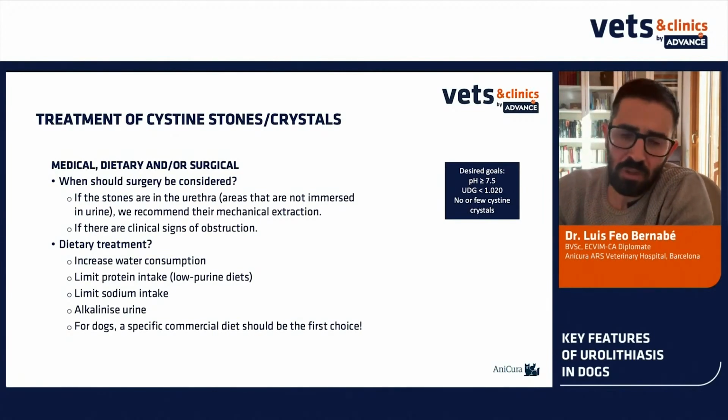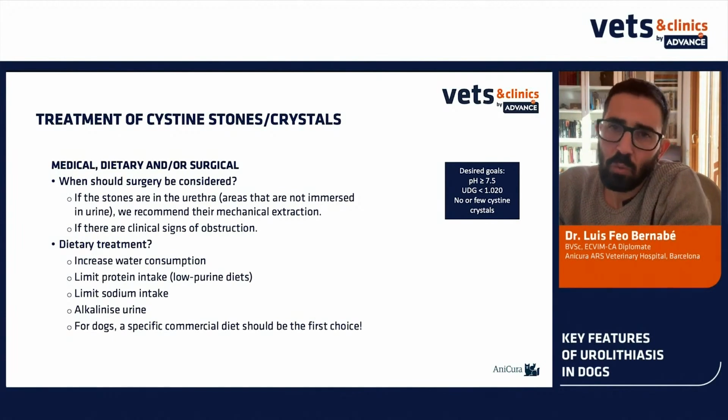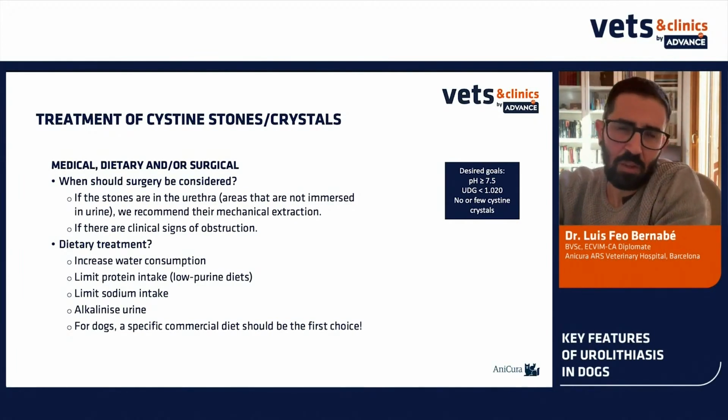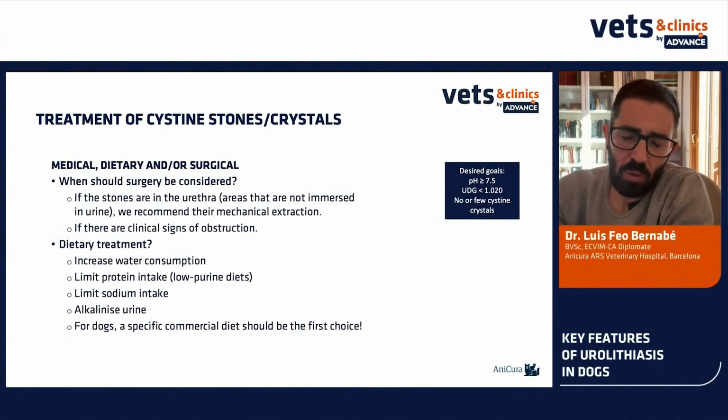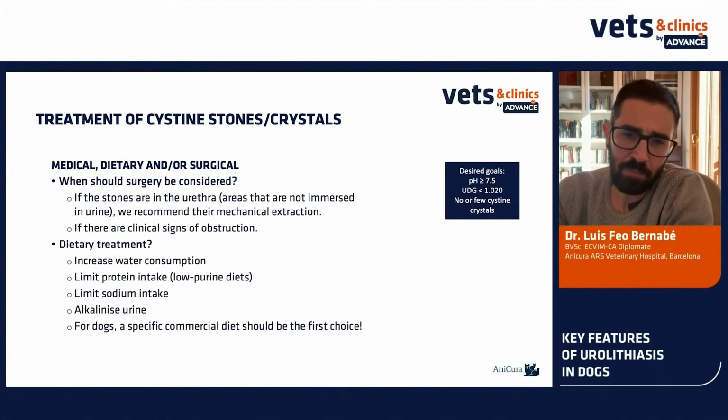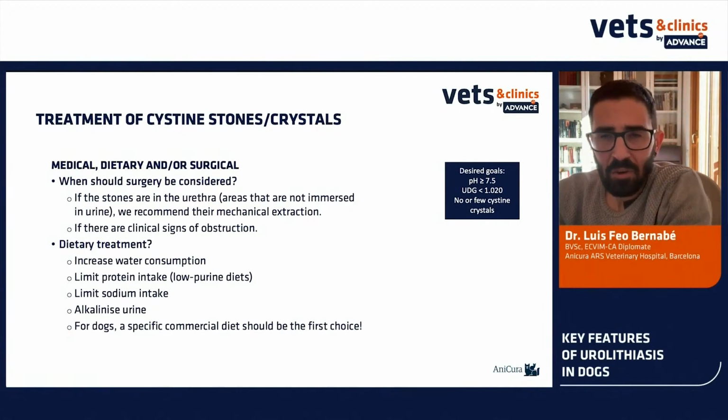If they're not immersed in urine, we tend to recommend mechanical extraction. And this is not only with cystine, I think it applies to every single calculus: if there are any clinical signs of obstruction, you should not wait to try to medically dissolve the stone. So what are the dietary strategies?